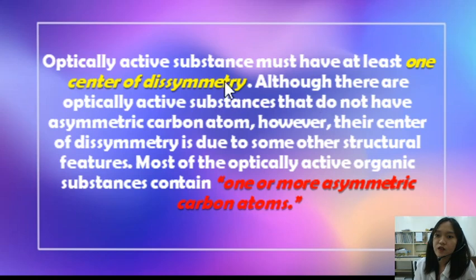So although there are optically active substances that do not have an asymmetric carbon atom, however, their center of symmetry is due to some other structural features. So meron din daw tayong mga other substances na kahit walang asymmetric carbon atom ay optically active sila. But mostly, no, meron silang one or more asymmetric carbon atoms.